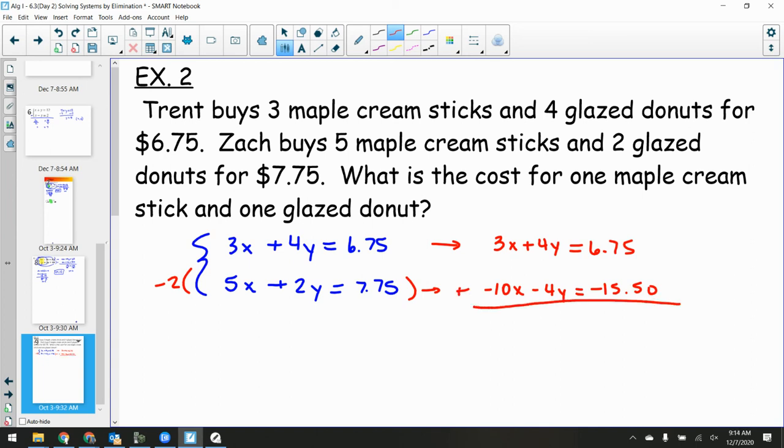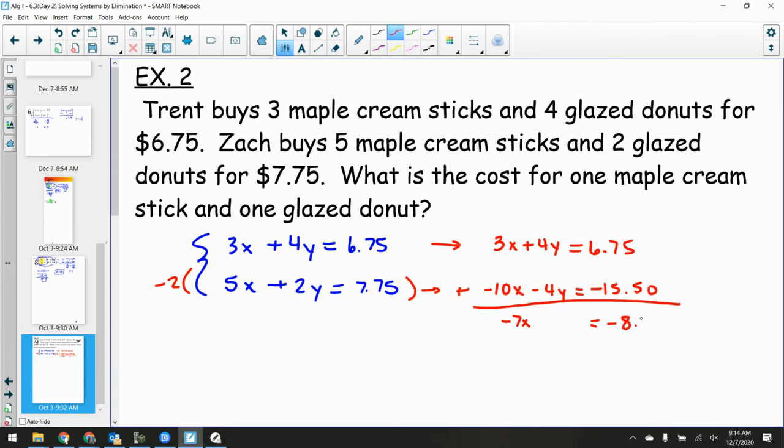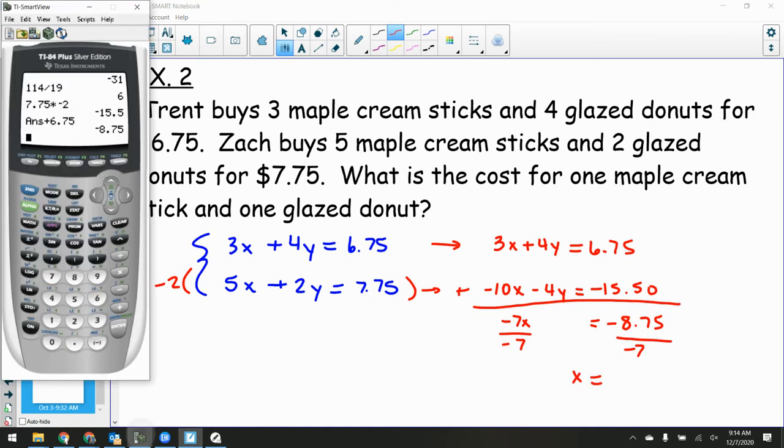Now, when I add these 2 equations together, that gives me negative 7x is equal to 675 minus 1550, which is negative 875. I divide by negative 7. x is 125.